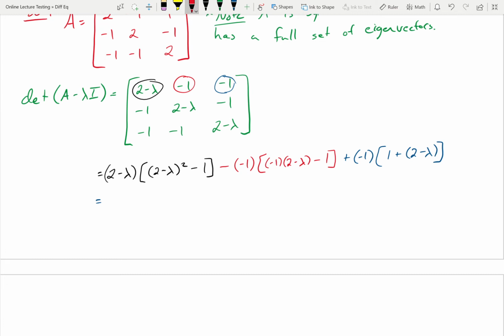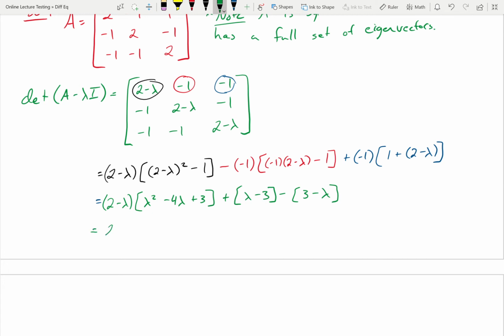All right. So now we need to go into simplifying. So for this, move everything back to green. We're going to get 2 minus lambda times lambda squared minus 4 lambda plus 3, plus lambda minus 3, minus 3 minus lambda. All right. Now we're going to multiply this in.